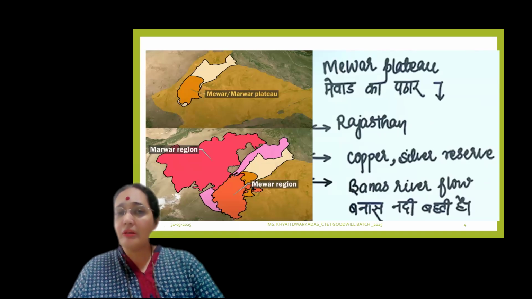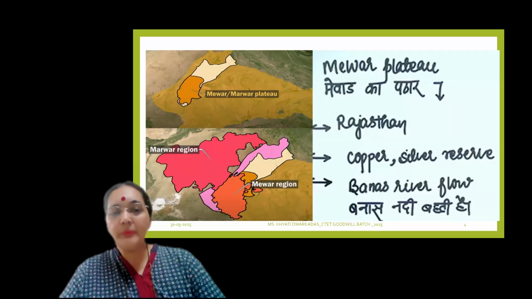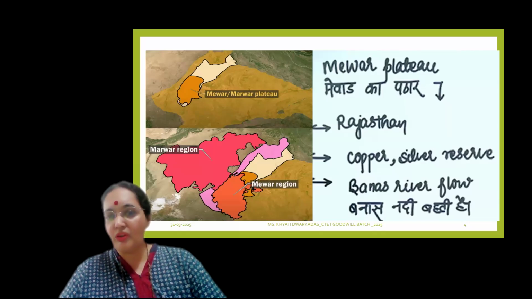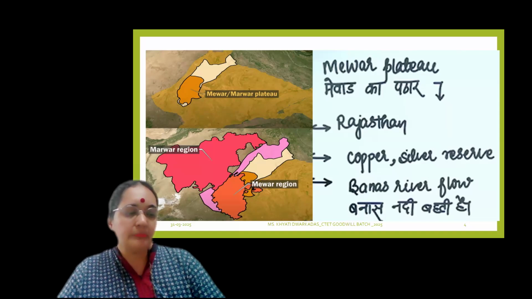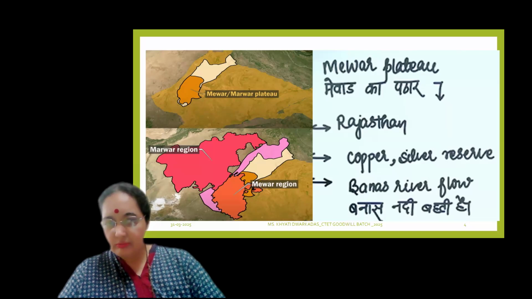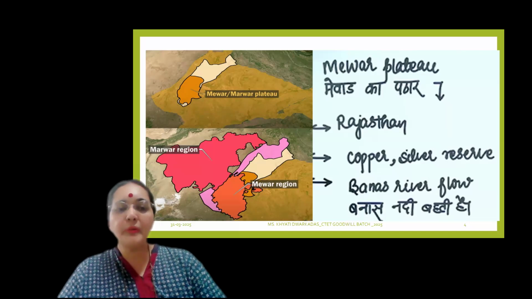Now, when we talk of the Central Highlands, there is one very important region in the Central Highlands in Rajasthan, which is the Mewar Plateau. And you can see it on the map there. Actually, Rajasthan has two major regions, the Marwar and the Mewar region, but currently we are talking of the Mewar Plateau.